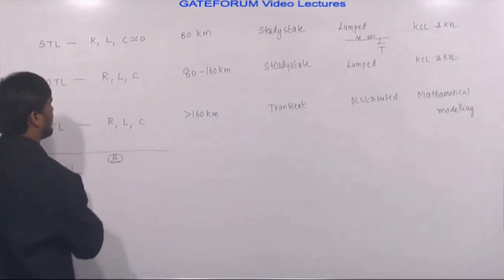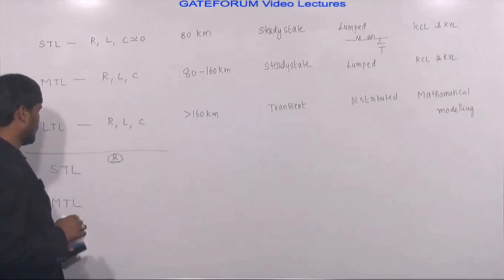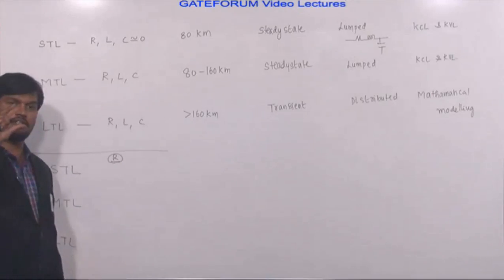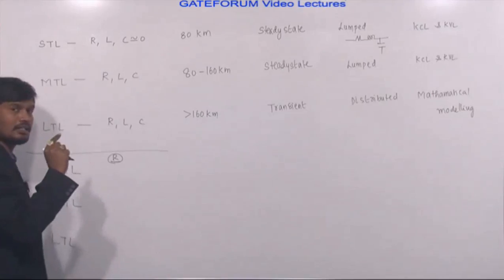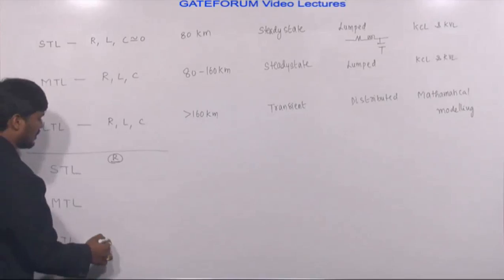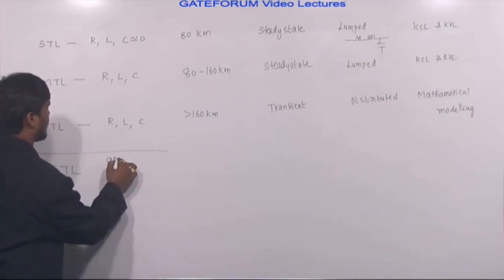Resistance depends on area. In the long transmission line, the area of cross section of the conductor is more. As area is more, we know that area and resistance are inversely proportional. First we will see the area for better understanding.